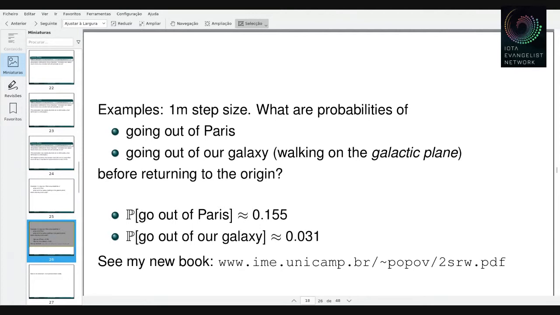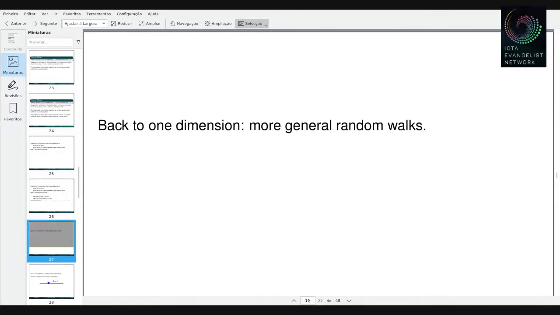So now let's go a little bit back to one dimension. We will consider now more general random walks, not 1/2, but some probability of going to the right and some probability of going to the left, which can differ from one place to another.